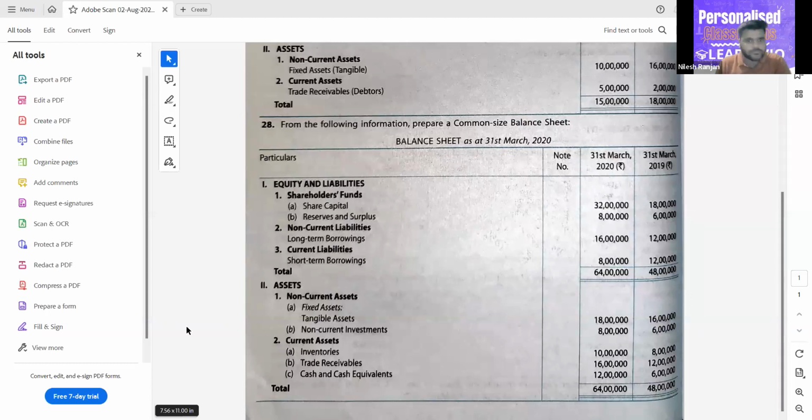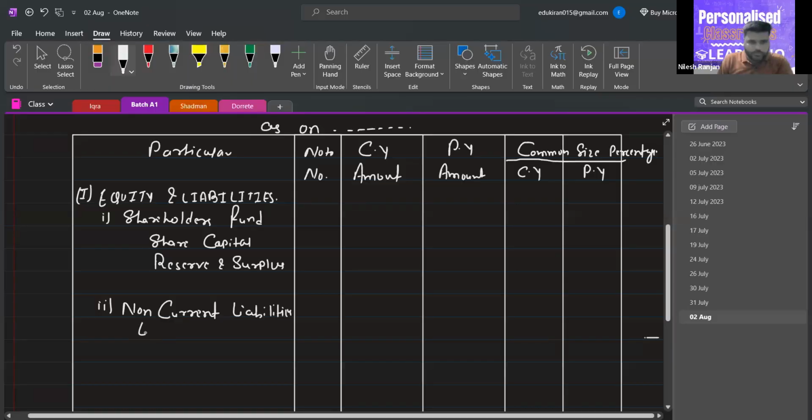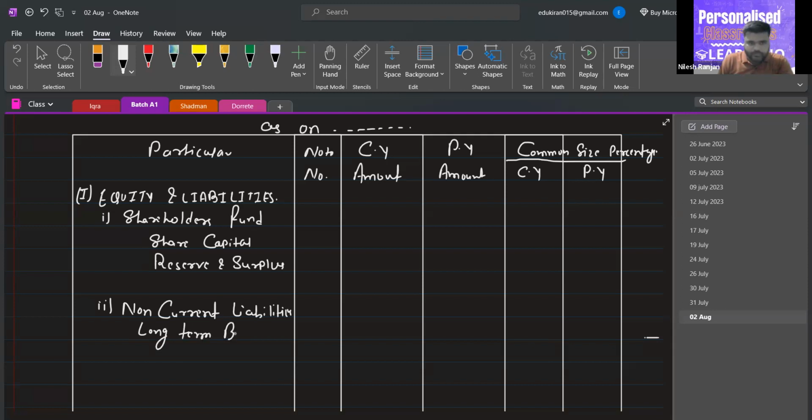So under non-current liabilities, there is long-term borrowing. And then the third item is current liabilities. And here it is short-term borrowing.